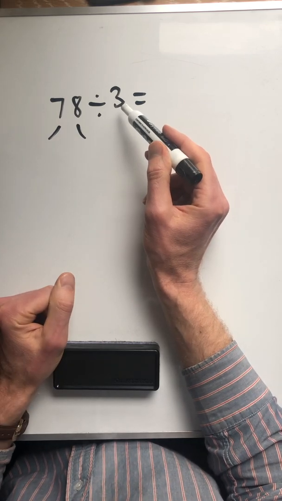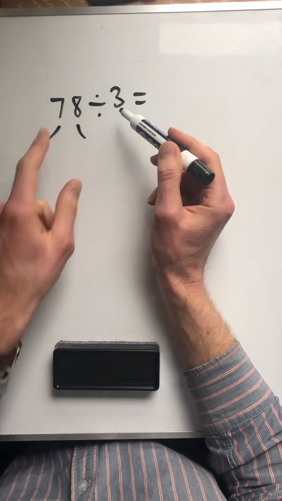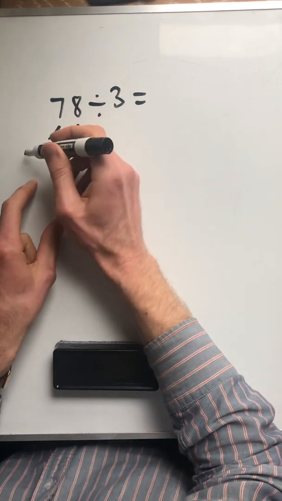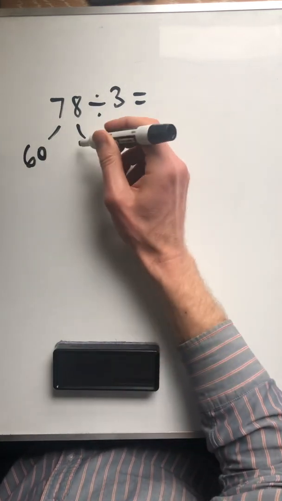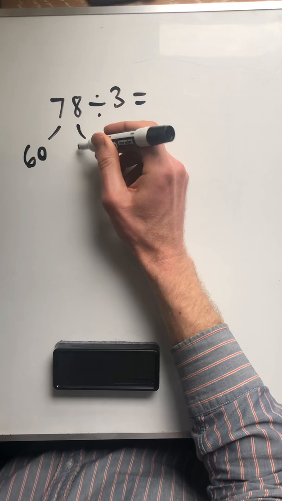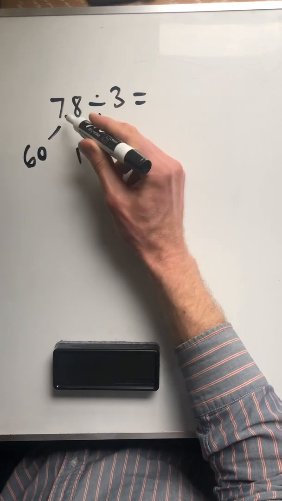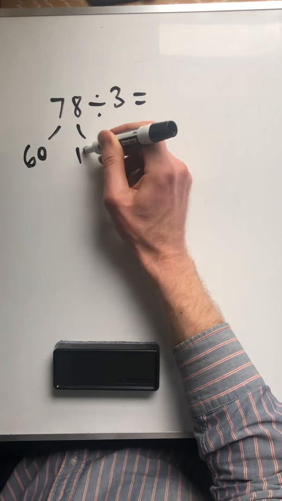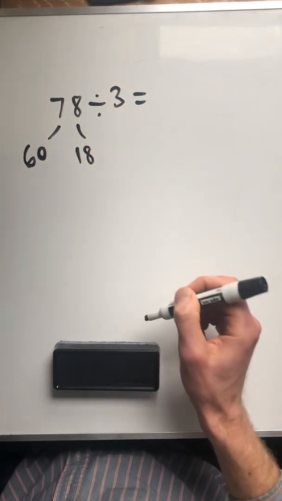Or if you're going by 10, 30, 60, 90. Well, 90 is too much. Let's do 60. So let's break that 78 into 60. And let's see, 60 plus what is 78? Well, 60 plus 10 is 70, plus 8. So it's 18. 60 plus 18 is 78.